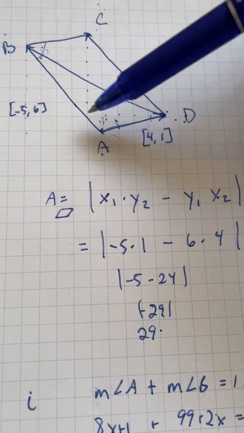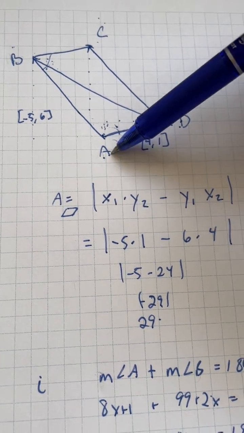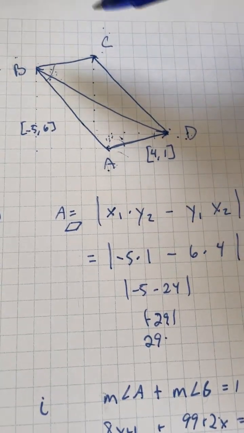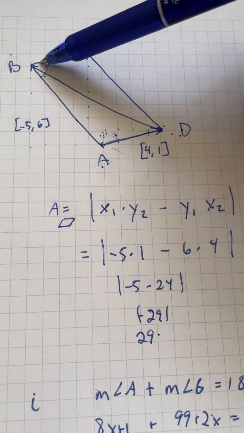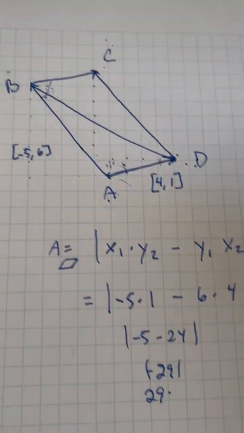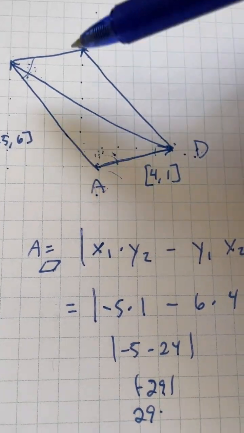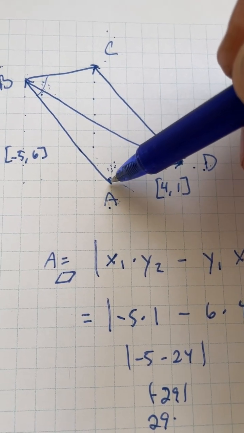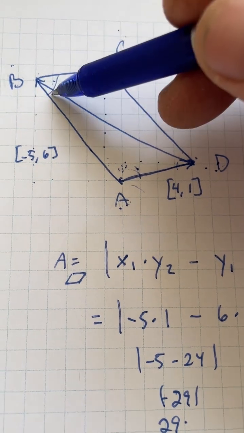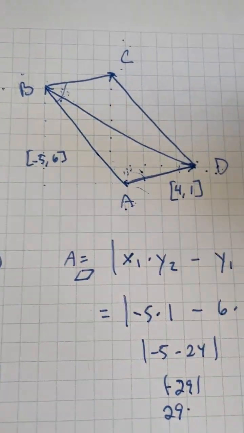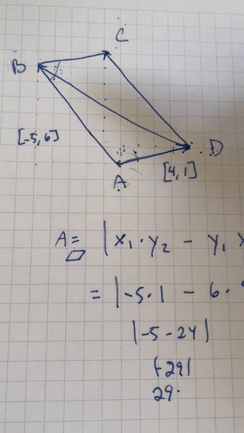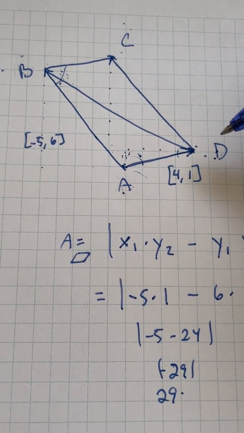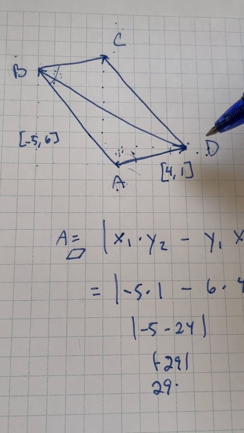I semi-randomly just chose A, B, C, D. I could have done A, B, C, D, or I could have started here, A, B, C, D. But they didn't specify where A and B or where any of them go. And where you place them, like if I'd put A up here, then A would have been the smaller angle. I tried different combinations, but I got tired of looking, so I gave up.